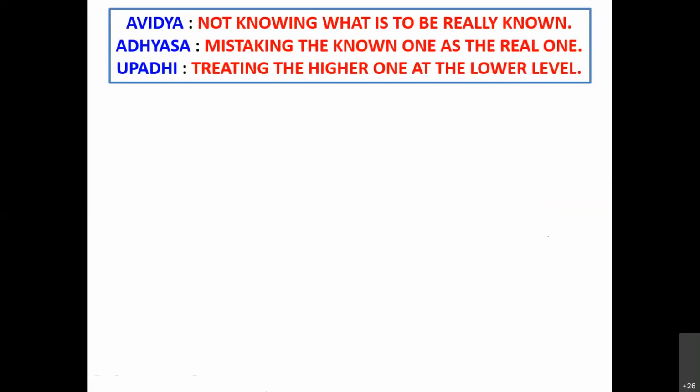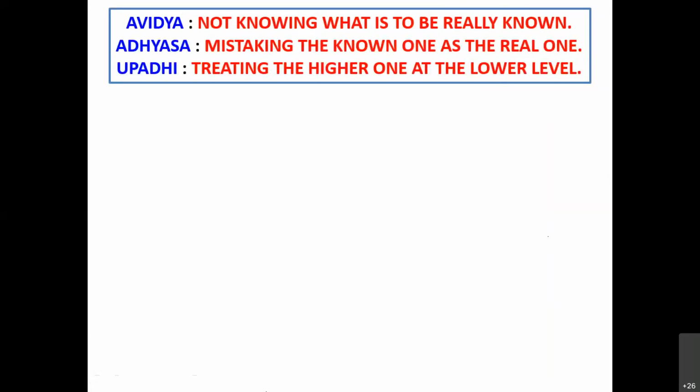But this body keeps on changing from childhood to youth to adult to old age. The body will not remain the same. From childhood till death, the body will have a lot of physical and physiological changes. If there are physiological changes, am I the one who is changing?